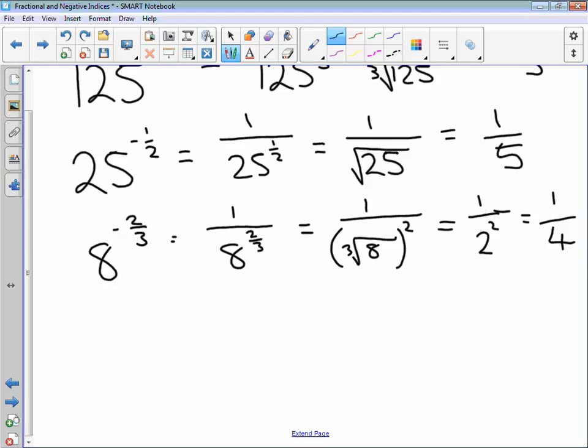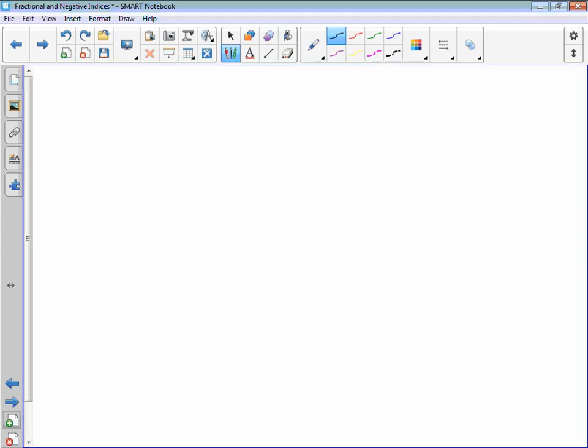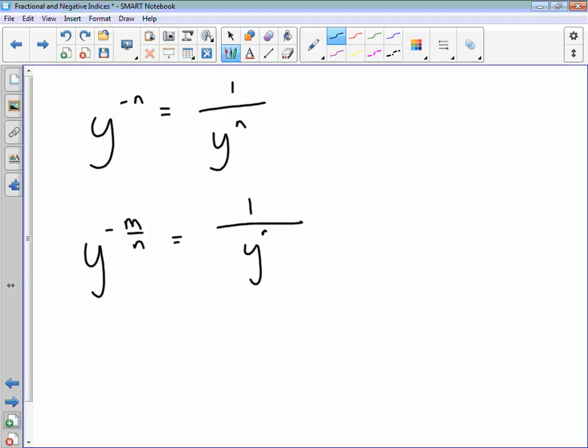So then we have our negative indices. y to the power of -n is 1 over y to the n, and y to the power of -m over n is 1 over y to the power of m over n.